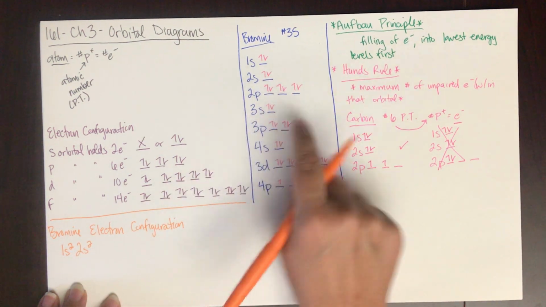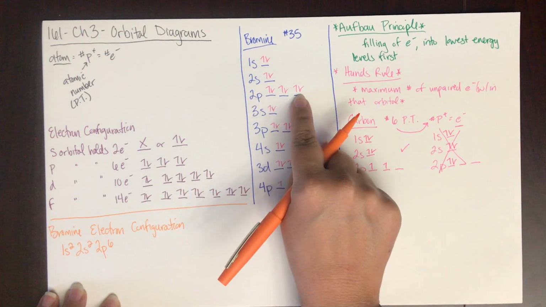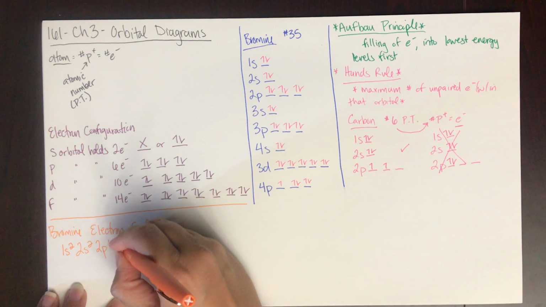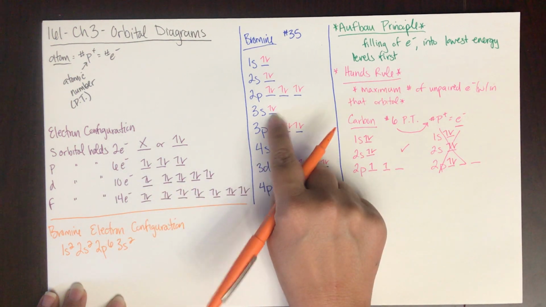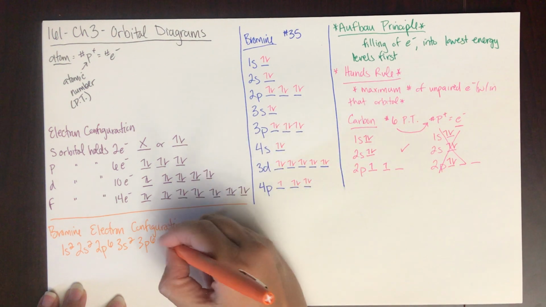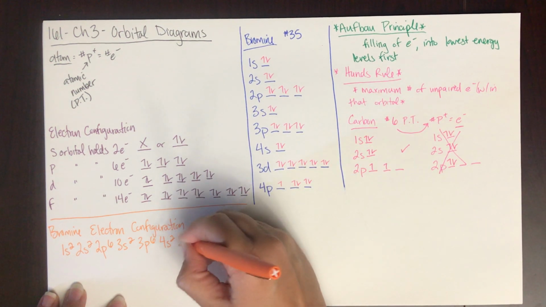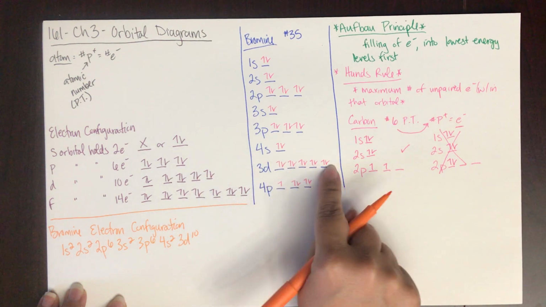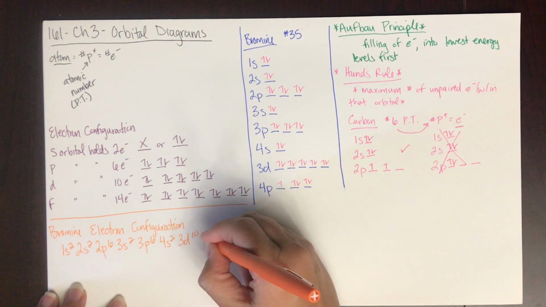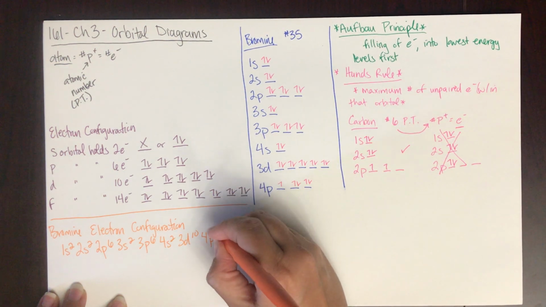2s2, 2 electrons, 2p6, because there's 6 electrons, 3s2, 3p6, 4s2, 3d10, and then 4p, 1, 2, 3, 4, 5.